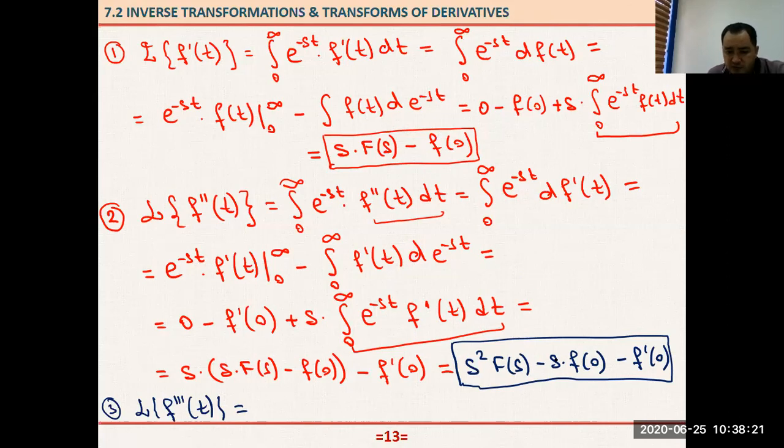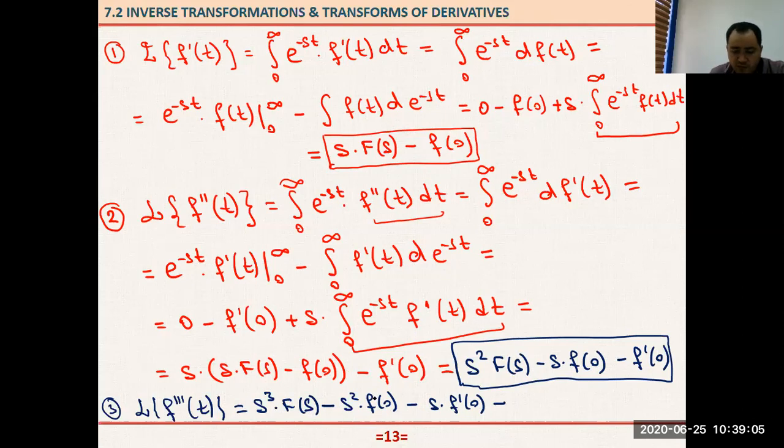Anyway, so when it is 3, it will be s cubed times capital F of s, and after s cubed we have minus s squared times f of 0, minus s times f prime of 0, minus, because now it is 3, 2, 1, s to the power 0, that is just 1, times f double prime of 0.